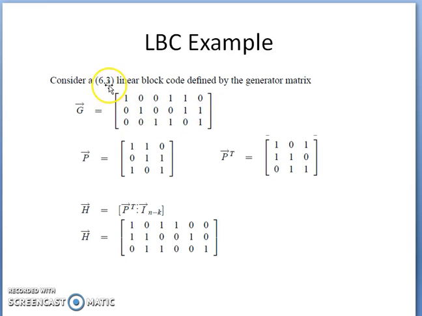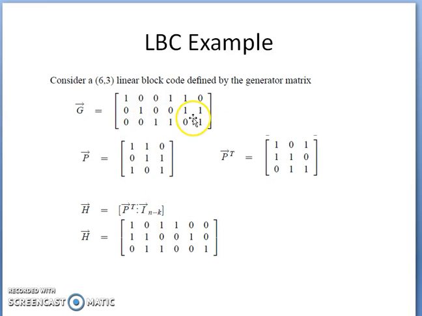It depends on (6, 3), where 6 is n and 3 is k. So 2 raised to k; with k equal to 3, 2 raised to 3 means 8. So there will be 8 possible messages, and these 8 possible messages are converted into 8 linear block code words. So you first have to find the linear block code words using this generator matrix.